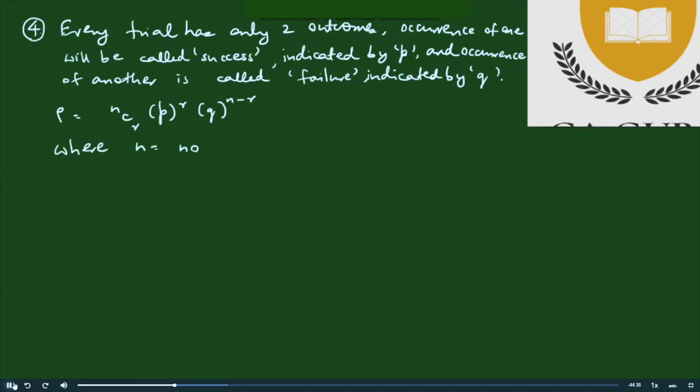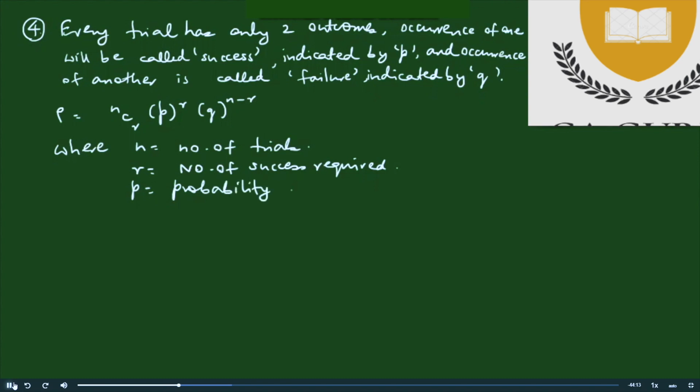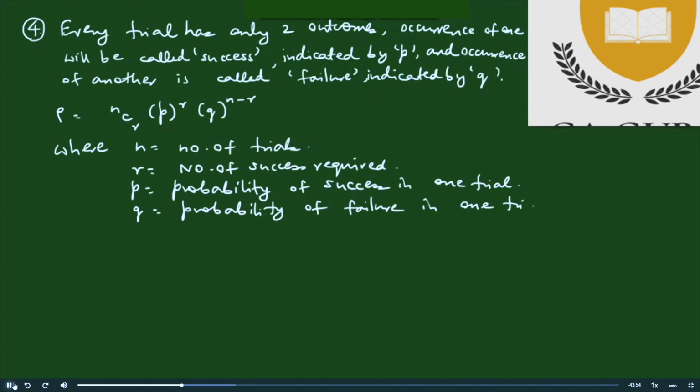N is equal to the number of trials, R is equal to the number of successes required, P is equal to the probability of success in one trial, and Q is equal to the probability of failure in one trial.